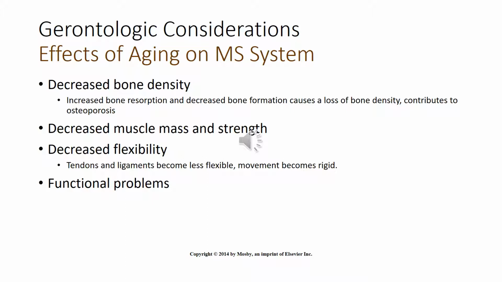Risk of falls also increases in the older adult because of a loss of strength. Aging can bring changes to the patient's balance, and the term we would use for this would be proprioception, and that basically means the awareness of self in relationship to the environment. This may be altered.